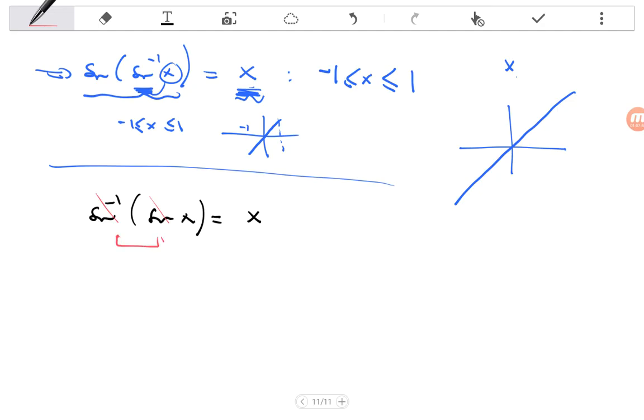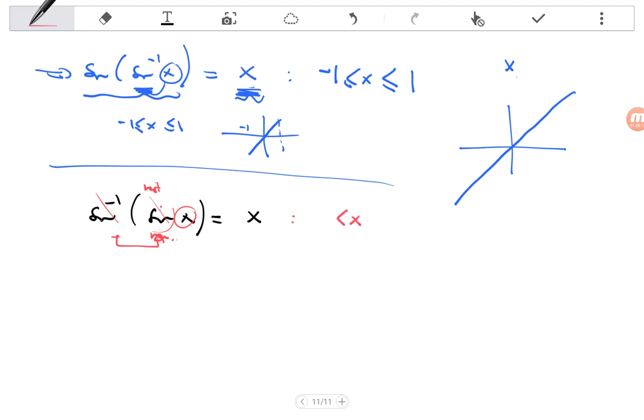When these two functions are inverse to each other. So for these two functions to be inverse of each other, that sine must be first a restricted sine, not a natural sine. So for the result to be equal to x, that x must satisfy the condition of a restricted sine.